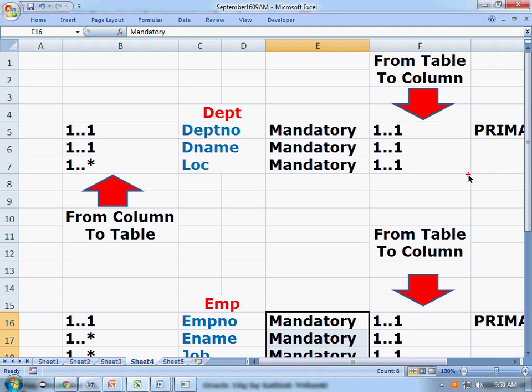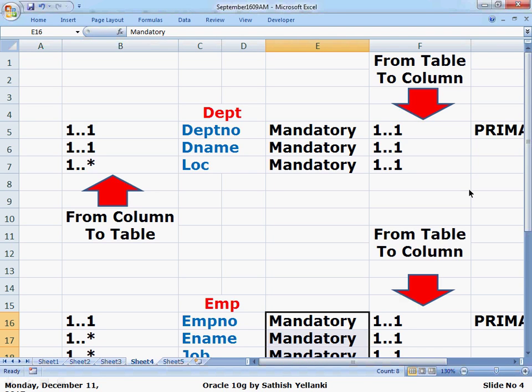Now first let us conduct the cardinality test in the direction of table to columns. First let us see this direction. Should one department have only one department number allocated, or can one department be given many department numbers? One department should always be represented by only one department number.